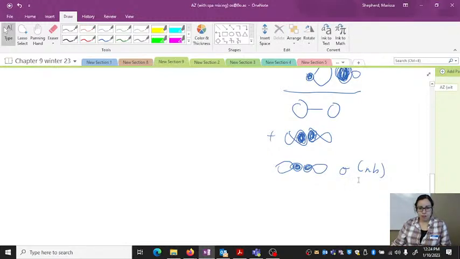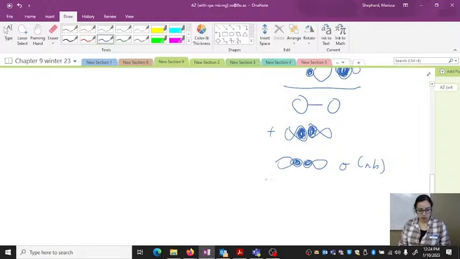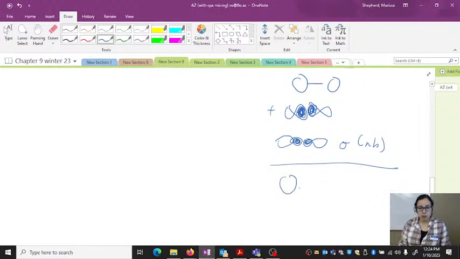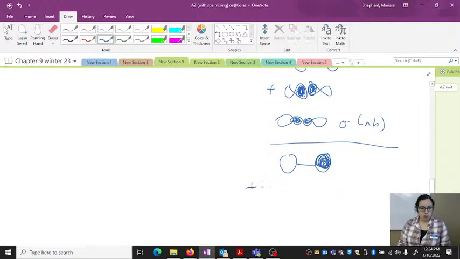Then we have our other combination, and we'll put where these go in a second. Our other possible combination is where they're out of phase, but the p orbitals are also out of phase, but they're all out of phase with these circles to minimize that interaction.